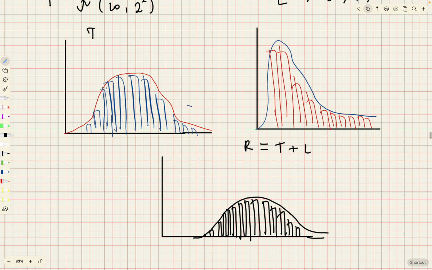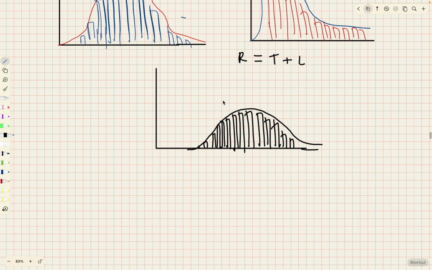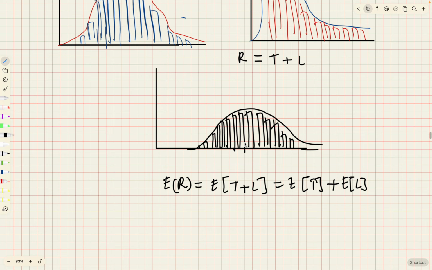We can also write that the expected value of R is the expected value of T plus L, which is the expected value of T plus the expected value of L, right? This is one of the basic properties of expected value.